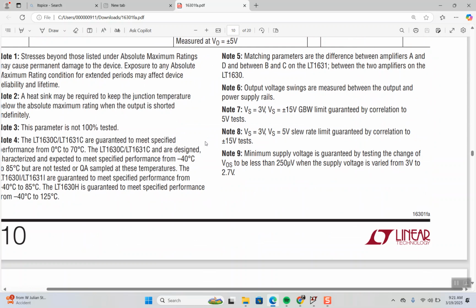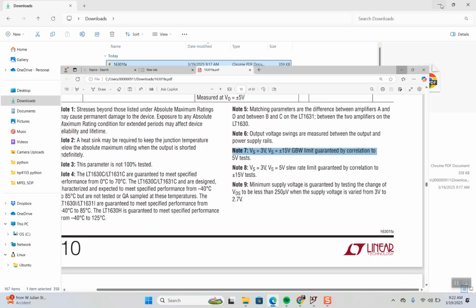Ah, here we go. 7. Voltage supply, 3 volts. Wait, the power supply is too small. They say you got to have it at plus or minus 15. Okay. So I can try, right?